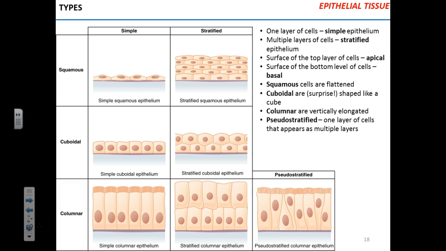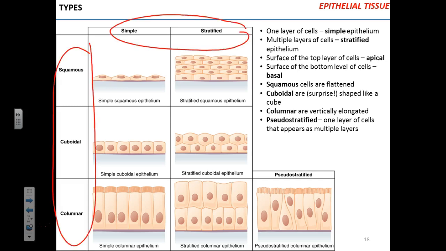It's epithelial cells. Now, the classification of epithelial cells is based on two things. First, the number of layers. Second, the form of the cells, the shape. Number of layers is pretty simple. You have simple, one layer, and you have stratified, many layers.